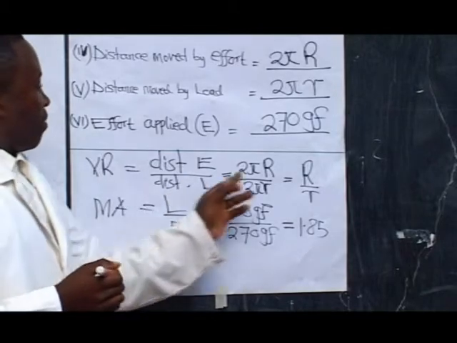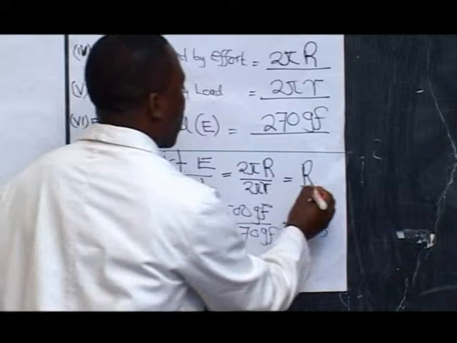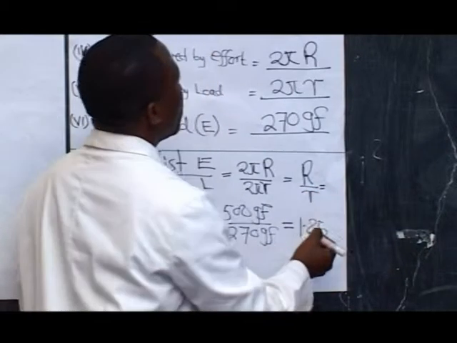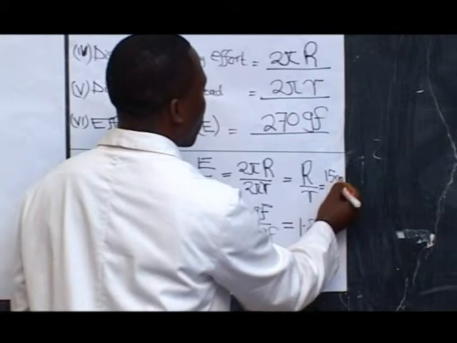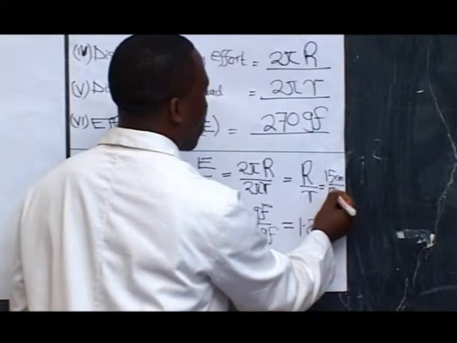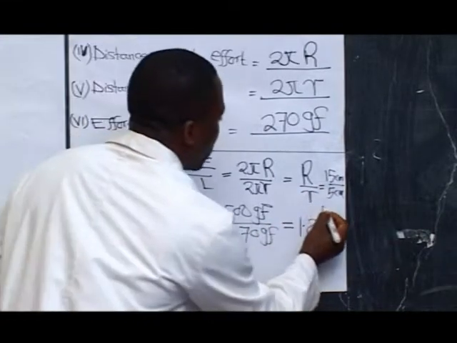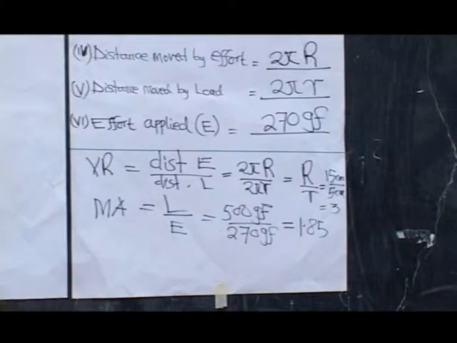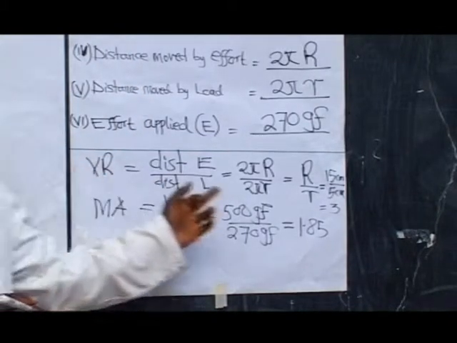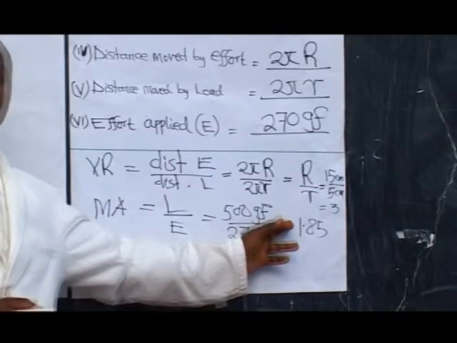And from velocity ratio, capital R over R, this gives you 15 centimeters over 5 centimeters, which is equal to 3. So velocity ratio is 3 and mechanical advantage is 1.85.